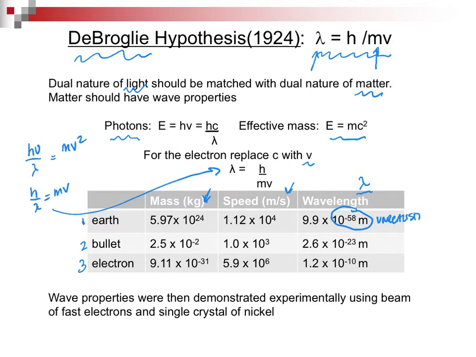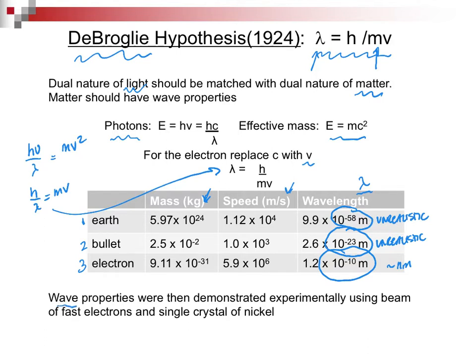So this is not going to apply to something like the Earth. If I look at a bullet, I see 10 to the minus 23 meters, and I'd also have to say that is unrealistic. But when I look at the electron, that's 10 to the minus 10 meters. Well, now we're on the order of nanometers, and that's where this really took off.